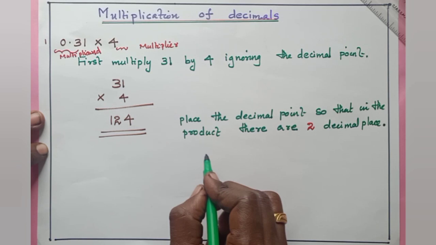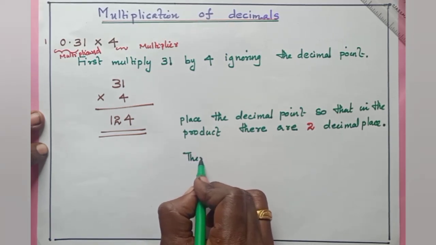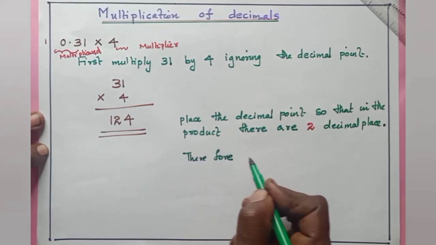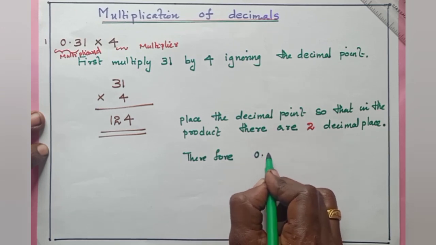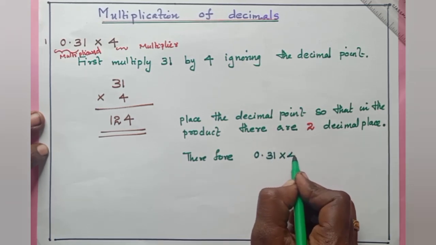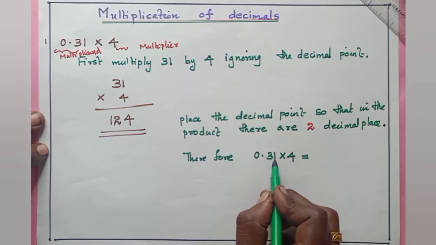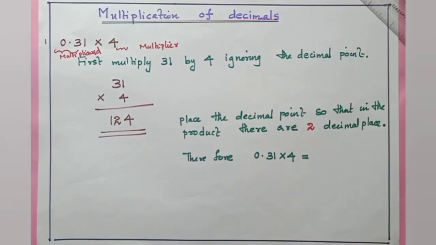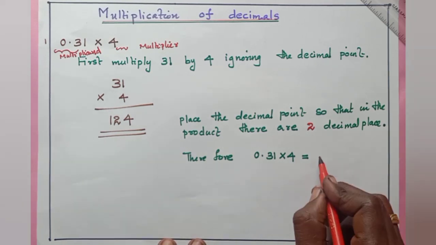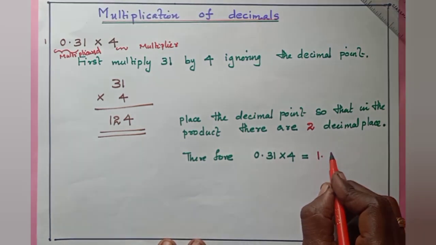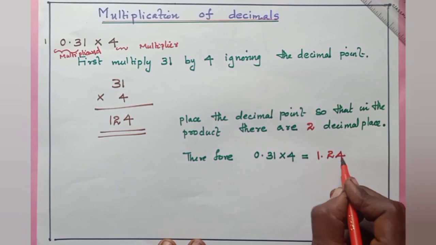Okay. So therefore we get 0.31 into 4 equals... this multiplicand has 2 decimal places, so our answer is 1.24.